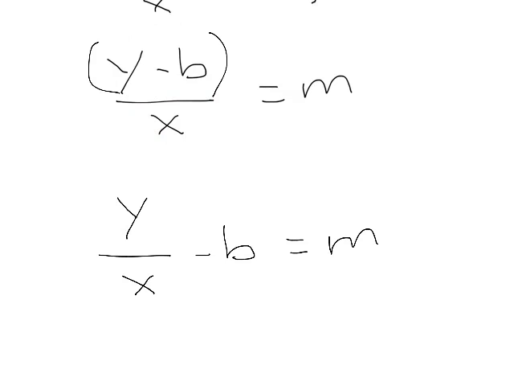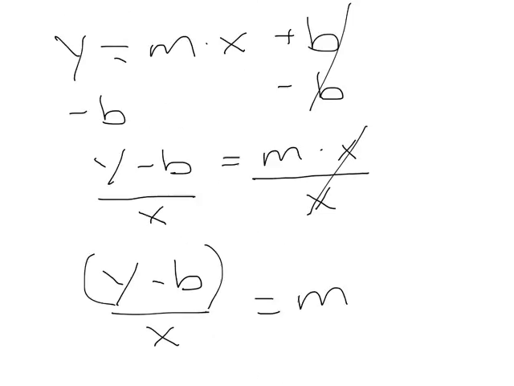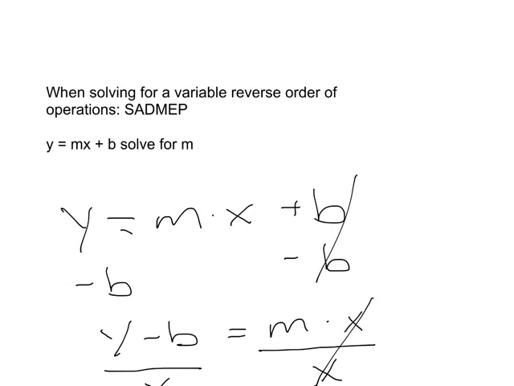They would do this. This is not the same because of order of operations, and this might also reflect that a student divided by x before subtracting by b, which doesn't follow with SADMAP.